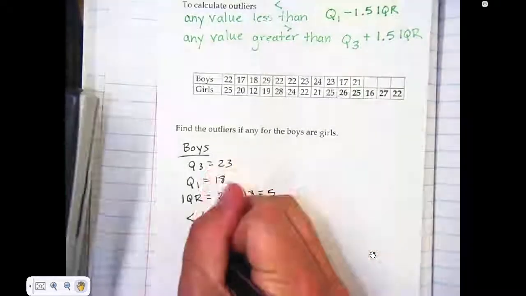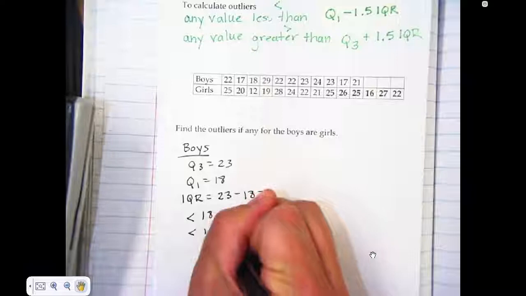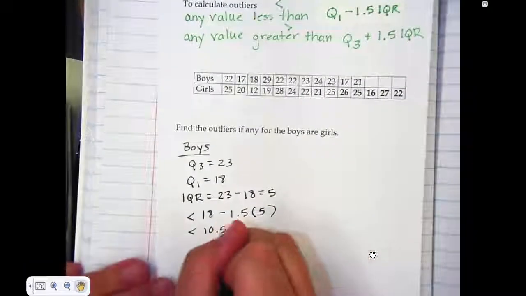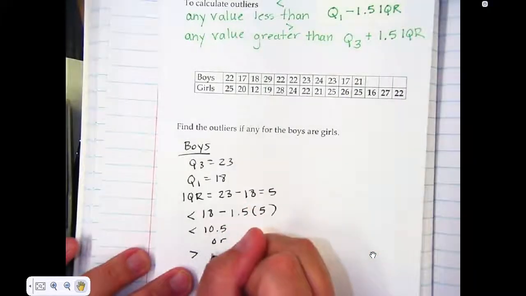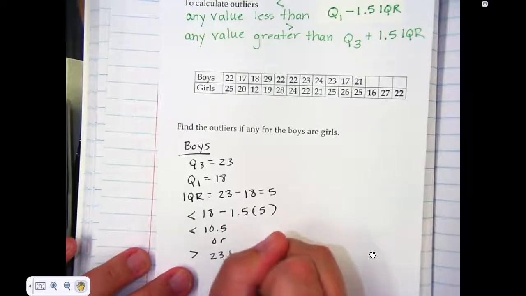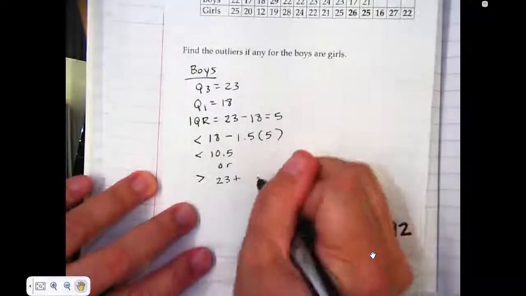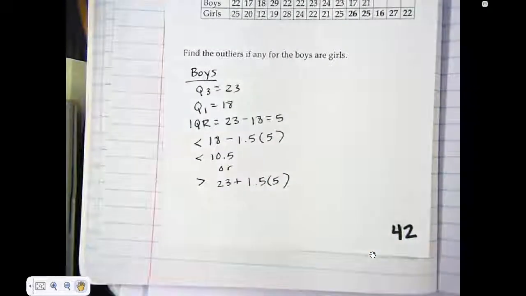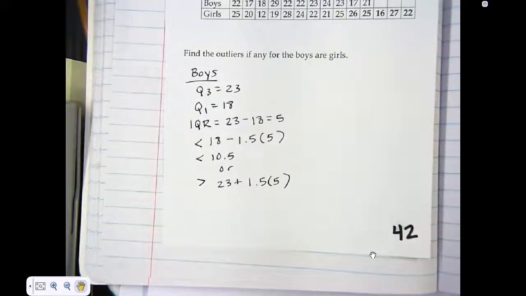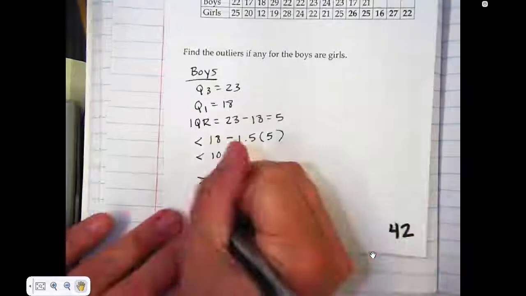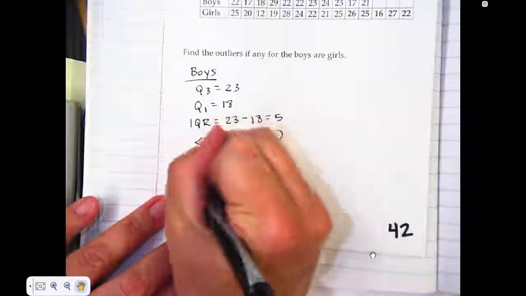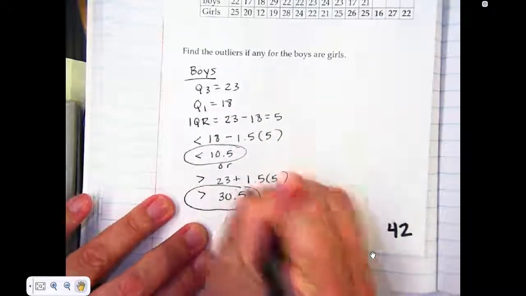So anything less than 10.5 or anything greater than 23 plus 1.5 times 5. So again, I'll just put that on my calculator. So anything greater than 30.5. So I'm looking for anything less than this or greater than this.